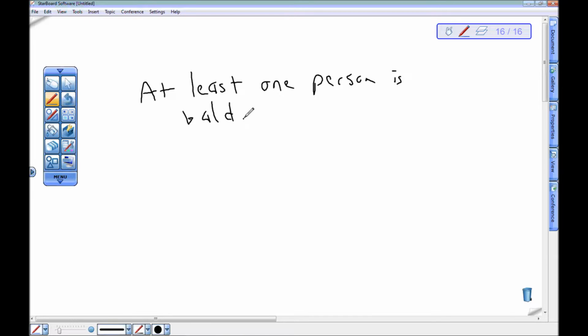Let's say at least one person is bald is my statement, and I want to negate this. Well, at least one person is bald doesn't quite fit the form of any of those four statements: all A are B, no A are B, some A are B, some A are not B. I actually have to recognize that this is another way of saying some people are bald.